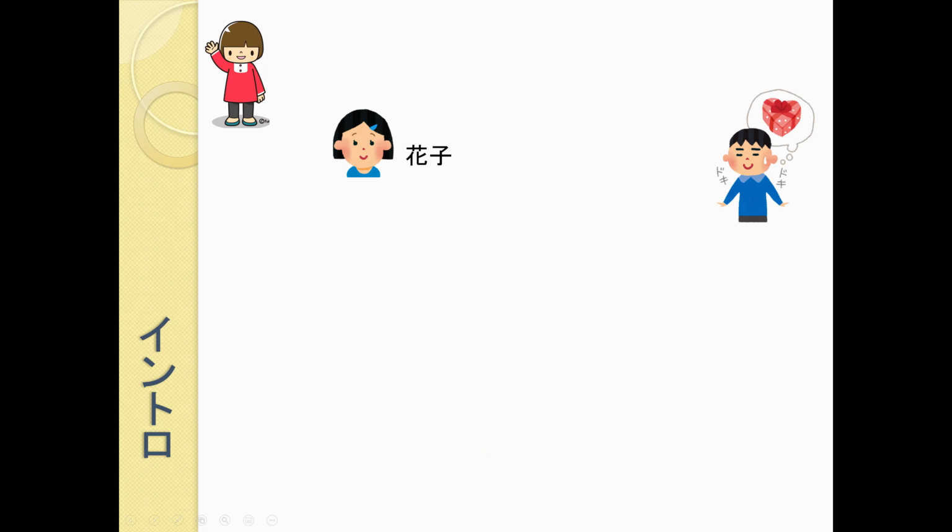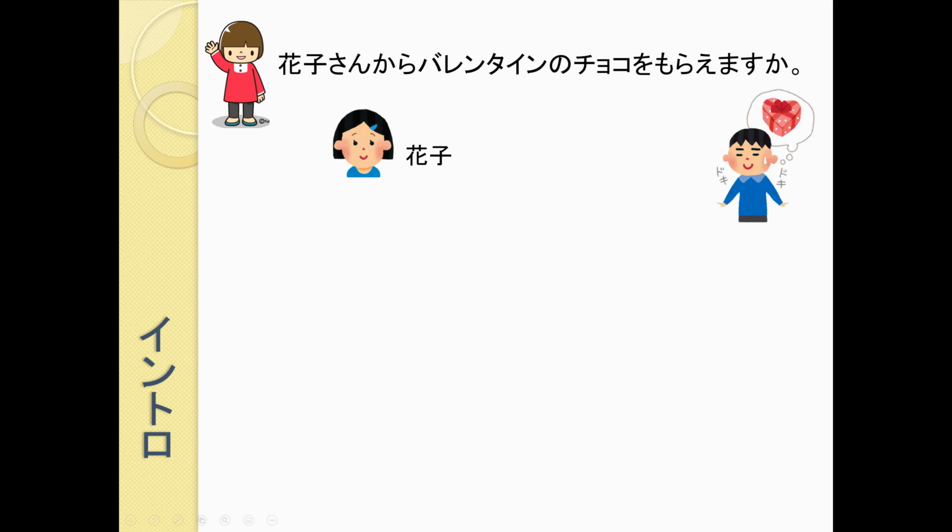花子さんからバレンタインのチョコをもらえますか？Will I be able to get Valentine's chocolate from 花子さん？ちょっと心配です。I'm a little worried.